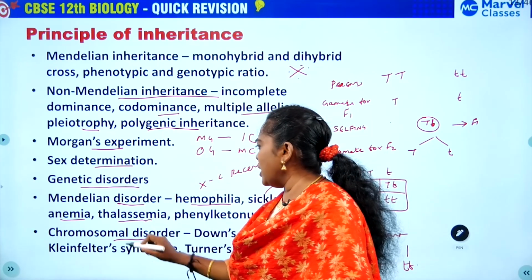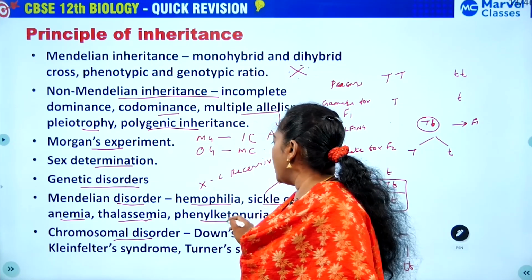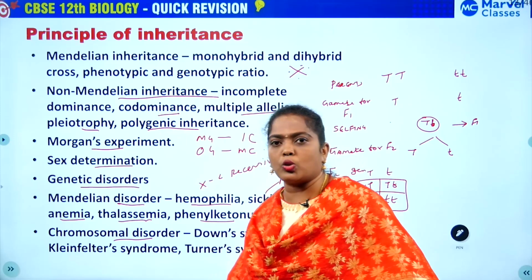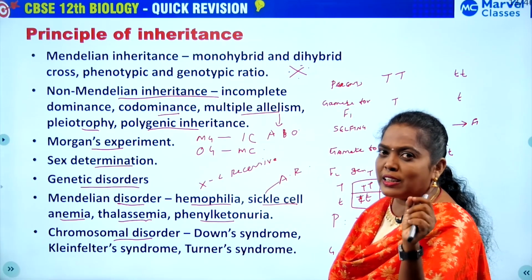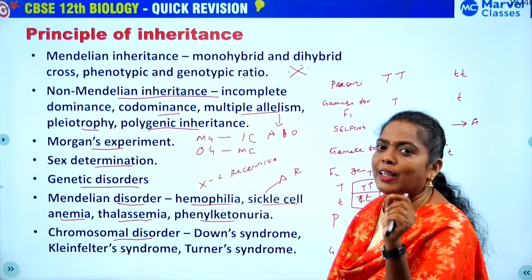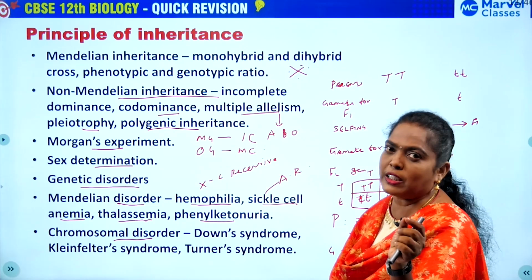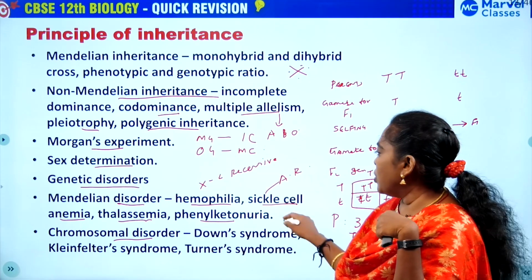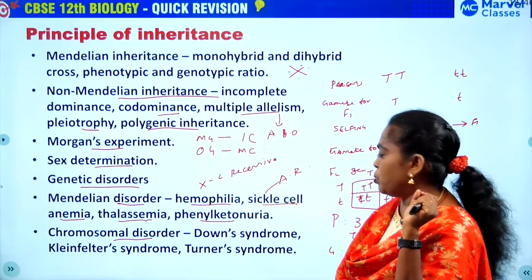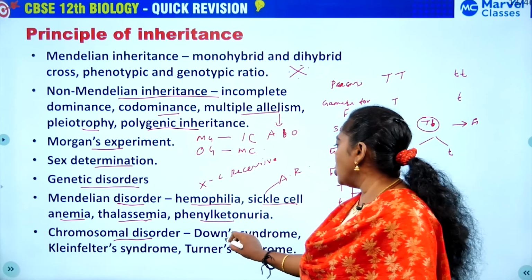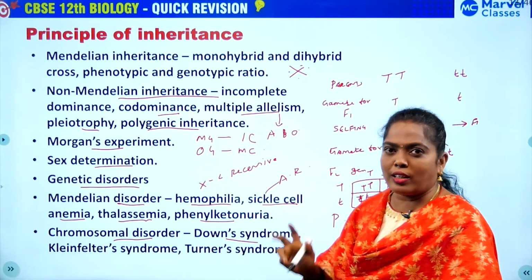Thalassemia is the quantitative disorder. Then phenylketonuria is again an autosomal recessive disorder. Remember about the enzyme phenylalanine hydroxylase. If this enzyme is not present, then that will result in phenylketonuria. Even for your 1 mark question, it's very helpful. Then Down syndrome, trisomy 21, the 21st chromosome will be thrice.